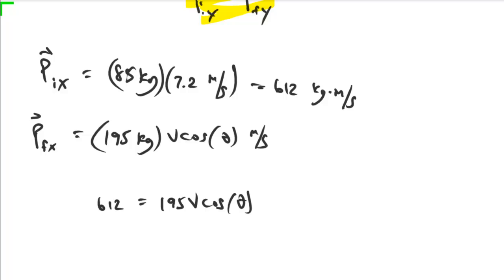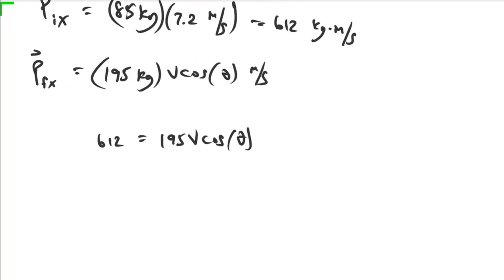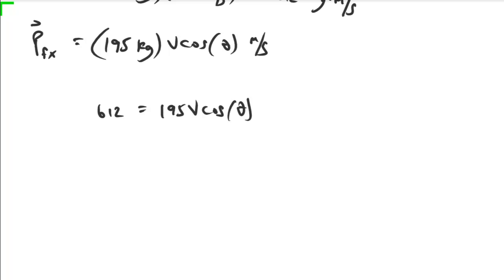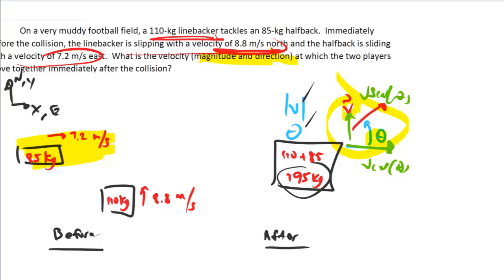Or this is Vx, right? If you wanted to write it out that way, I'll leave it as v cosine theta. Okay, two unknowns in there. We just need one more equation, and we can get this equation by solving in the y direction, right? So I'll just highlight. Here's our first equation. To get the second equation, we have the initial momentum in the y direction. It's very convenient that one was just heading east and one was just heading north.